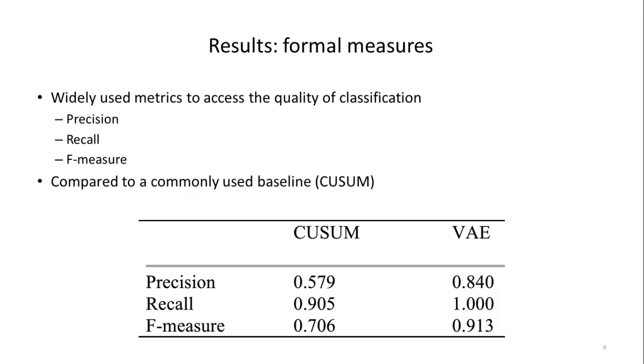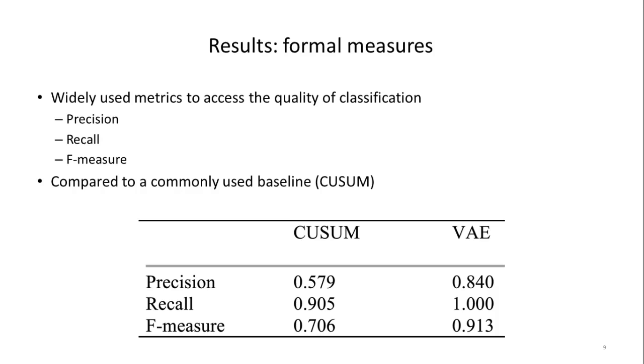And F measure balances precision and recall, because you can imagine a model that for every single point says that this is an anomaly, and for such a model, recall would be really high, but precision would be super bad. And on the contrary, you can imagine a very, very conservative model, which would only label a couple of anomalies, and the precision would be really high, but recall would be low.